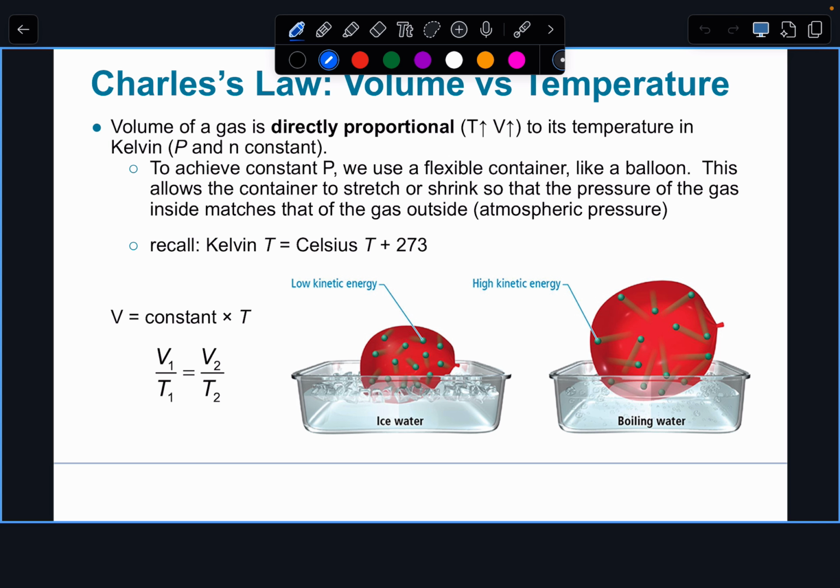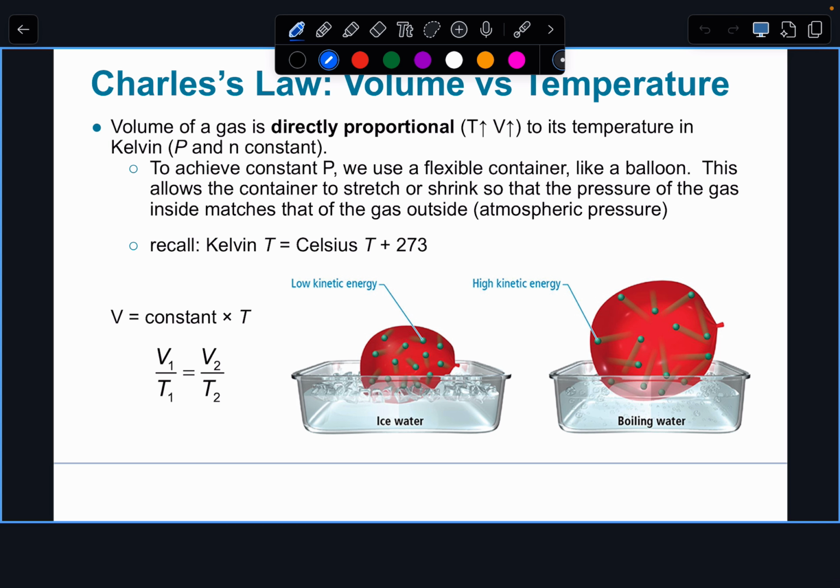And when we did T and P, we were holding N and V constant. Now, with V and T, as well as with, I think it's N and V next, we are going to be holding pressure and temperature constant, pressure and moles constant, and then pressure and temperature constant.